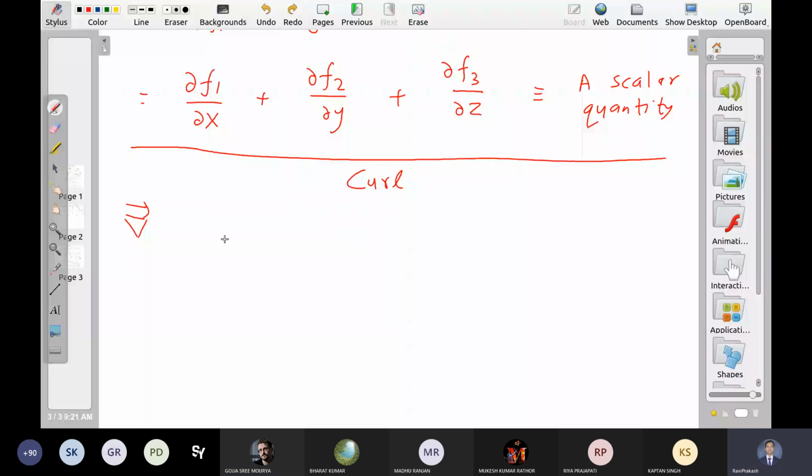And therefore curl is defined in this way: del cross f. And all these quantities have some physical relevance. That is why they got some name, and this name is also intuitive. These are not arbitrary names.